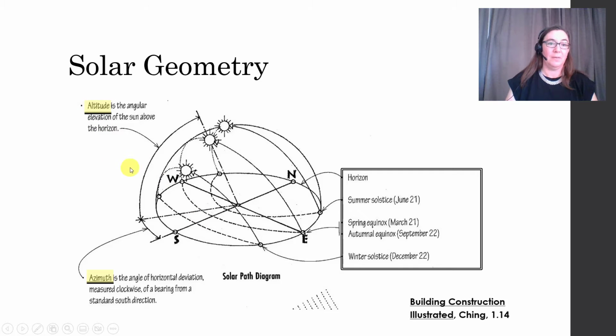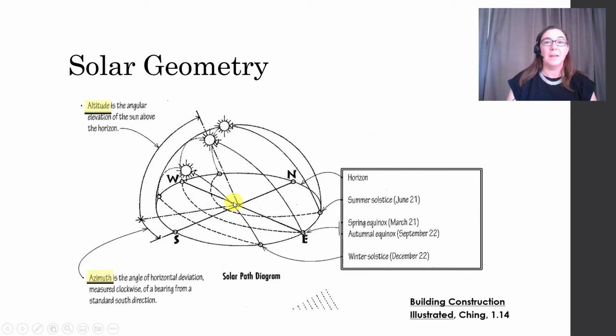Altitude, see it right here, is the elevation of the sun above the horizon, and it's an angle. So in this example, it is the angle between our flat ground right here, 0 degree elevation, and up until the angle of the sun in the sky.